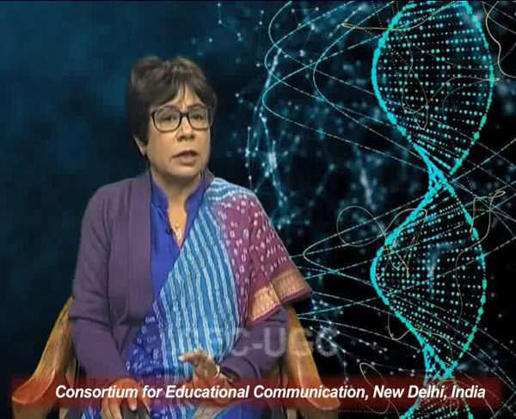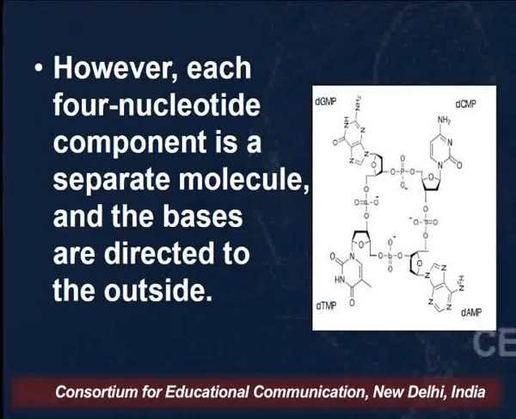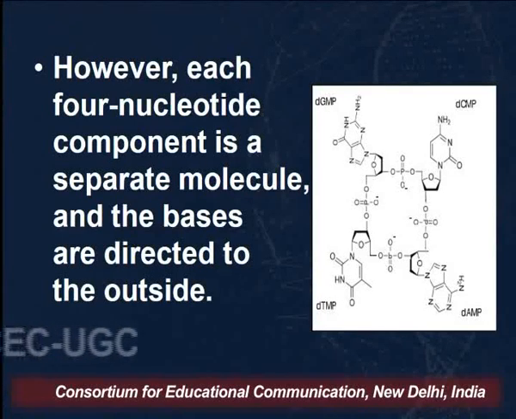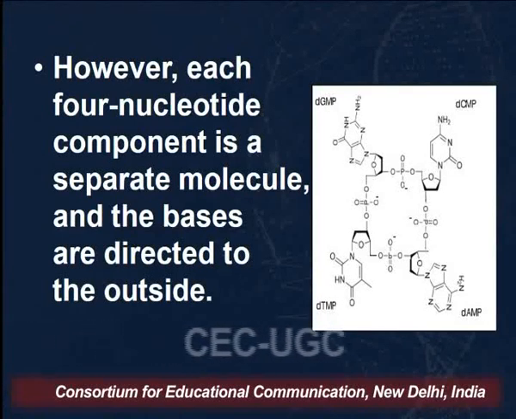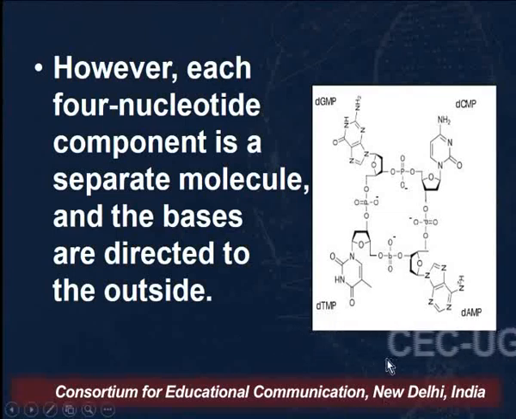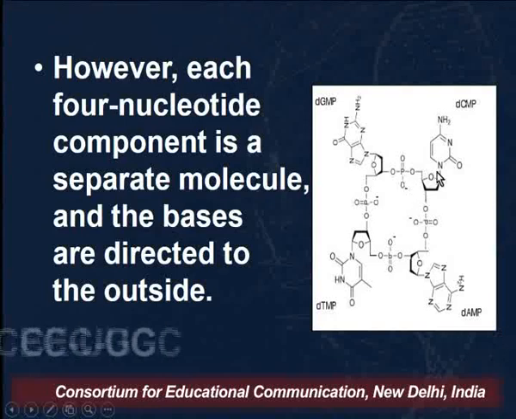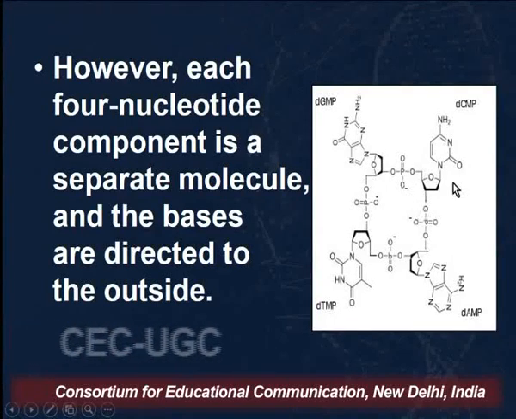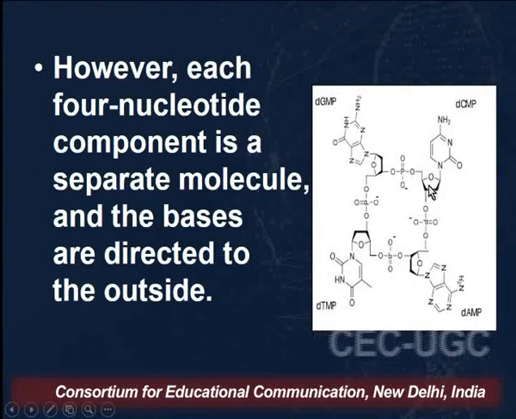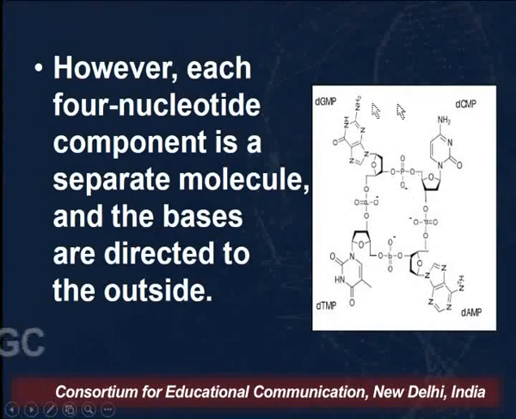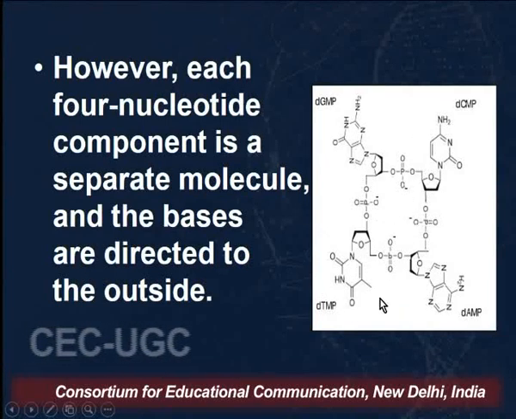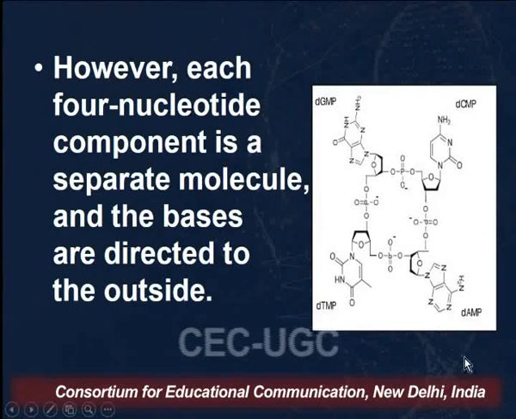However, each of the 4 nucleotide components is a separate molecule and the bases are directed to the outside. This is how it differed from the Watson and Crick model. That is, in this case, the bases are pointing outwards and each nucleotide is considered to be a separate molecule.